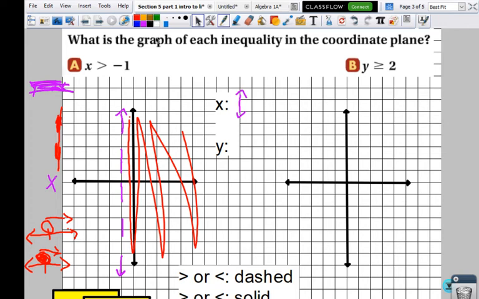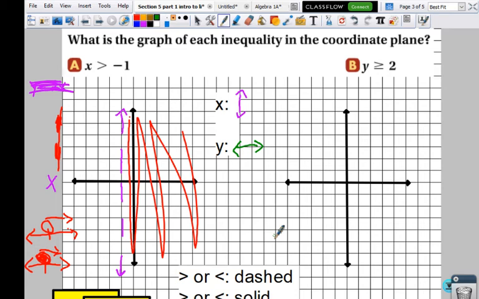Okay. We did part A. We're going to do part B. And part B is basically the same thing. But on B, it's y is greater than or equal to 2. So x was up and down. Y is always going to be left and right. Whenever it's just a y, it's only going to be left or right.